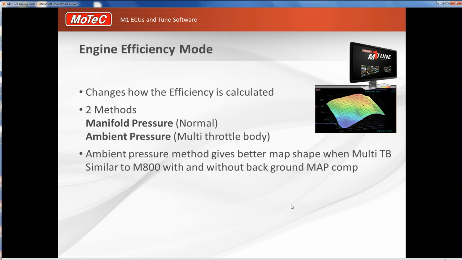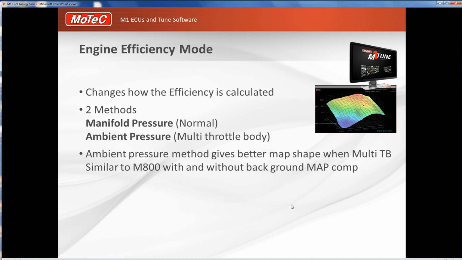Alright, now one last thing. There are two main modes that the efficiency table is calculated via, and we've talked so far about manifold pressure, which is the main parameter, or not a sensor, in fact, it's a derived channel. So manifold pressure is what the efficiency table by default uses to calculate the airflow through the engine.